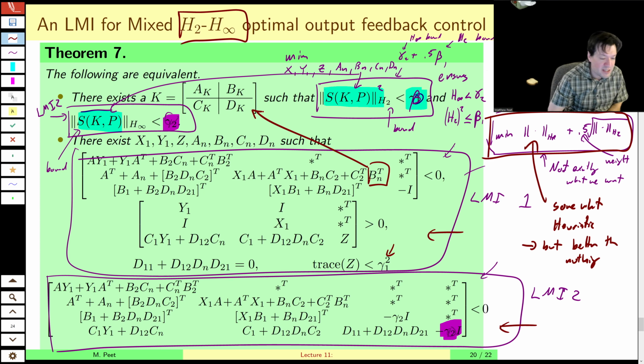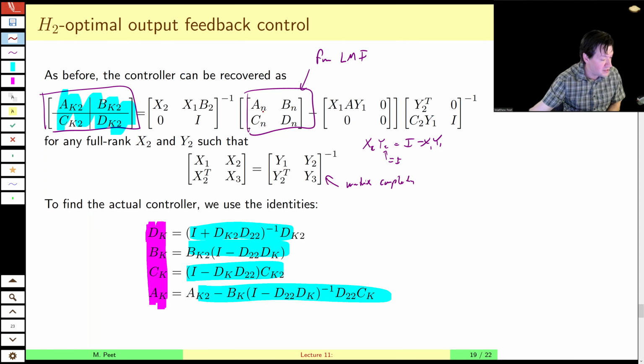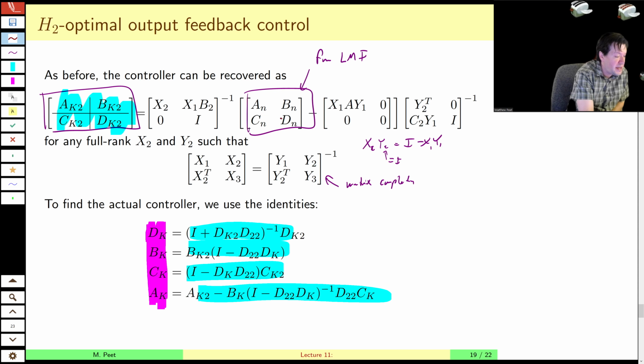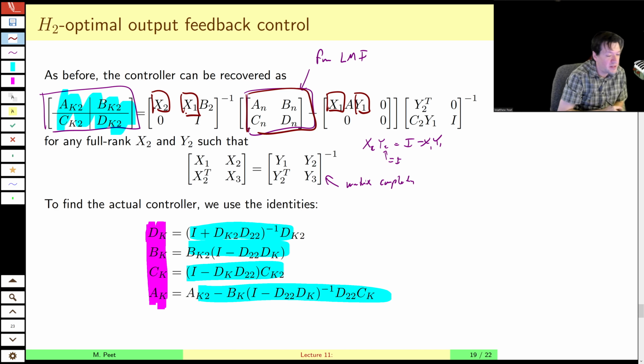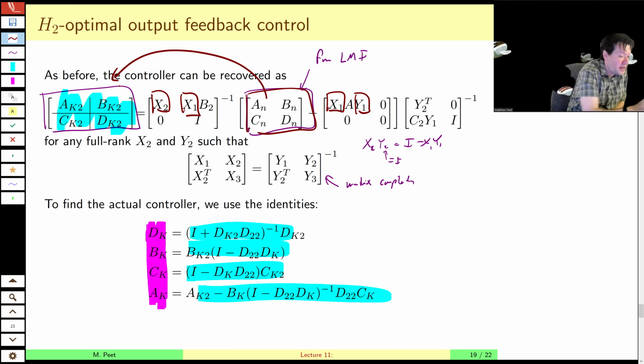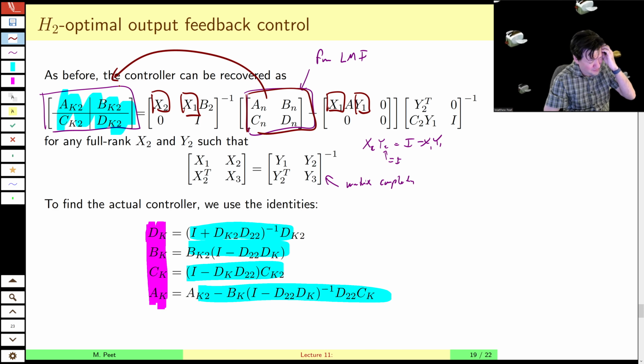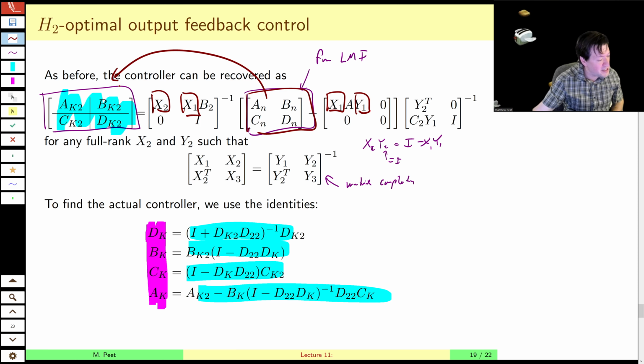The second set of transformations, and I'll just go back to this slide here, between AN, BN, CN, DN is related to these variables X and Y. They're related to those things. So it's through those X and Y's that we get from AN, BN, CN, DN to AK2, BK2, CK2, and DK2. So why is that a problem?